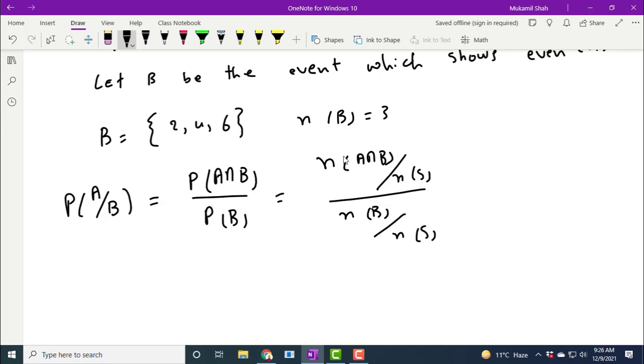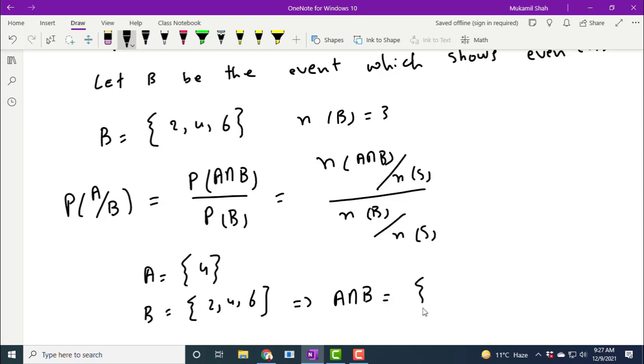Now we need to know the number of outcomes in A intersection B. Since we know that A is equal to 4, A contains only one sample point, right? And B contains 3 sample points, which are 2, 4, 6. This implies A intersection B is equal to 4 only, the common element between A and B. So the number of favorable outcomes of A intersection B is equal to 1 this time.